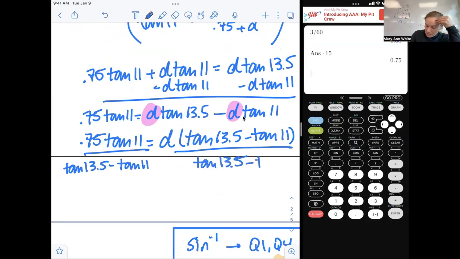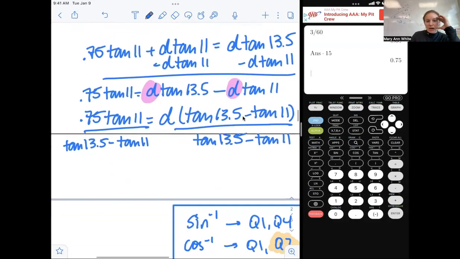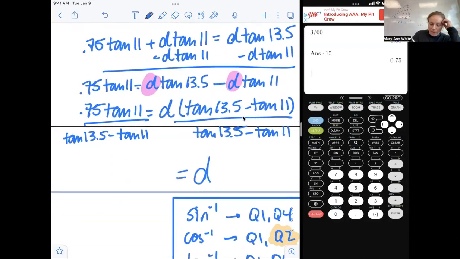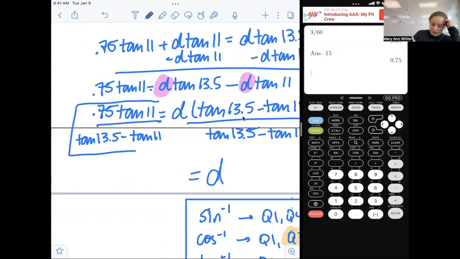Again, they're all going to be decimals, so if it makes you happier to put that in the calculator first, go for it. But I'm about to put this in my calculator now. So 0.75 tan 11 divided by, make sure your parentheses are good. And then for my denominator, I'm going to put it all in parentheses.